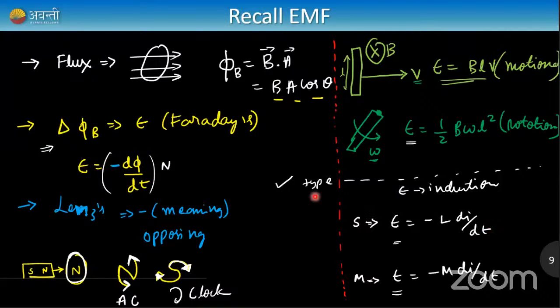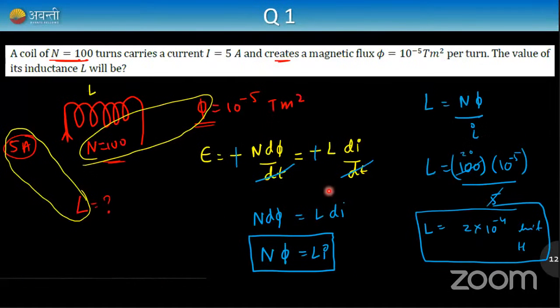You can equate both of them because both are EMF formulas. EMF induced by flux change is minus N d phi by dt, and EMF induced due to current change is minus L di by dt. So equate both of them because they are EMFs.